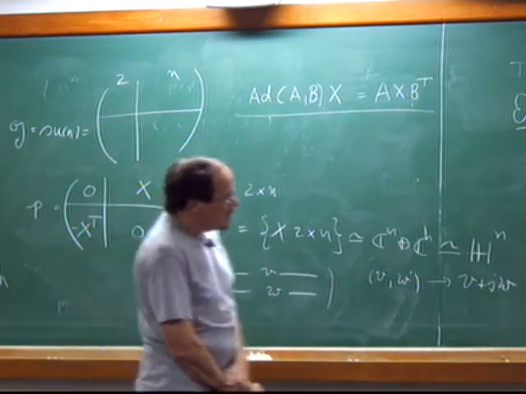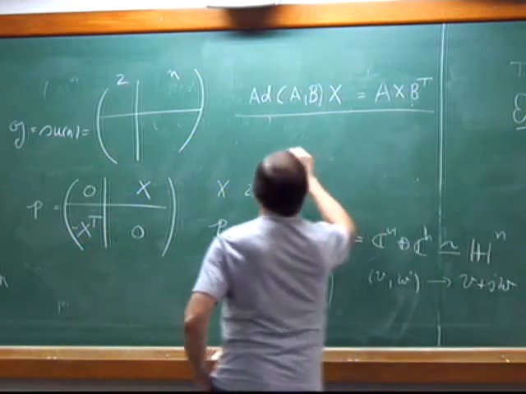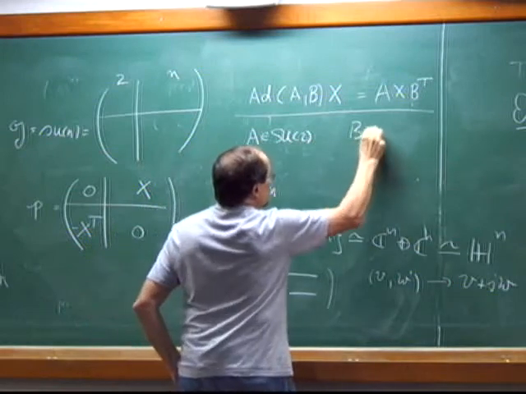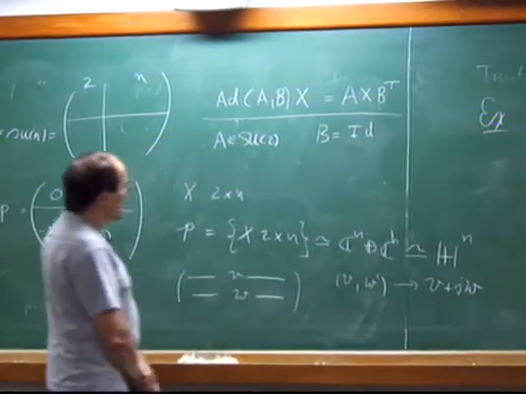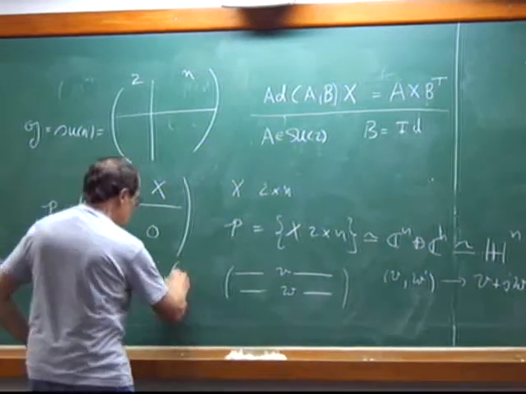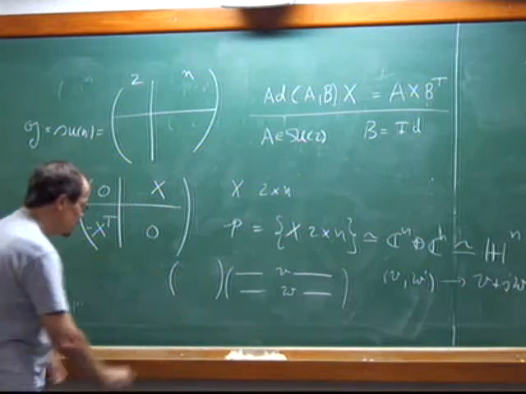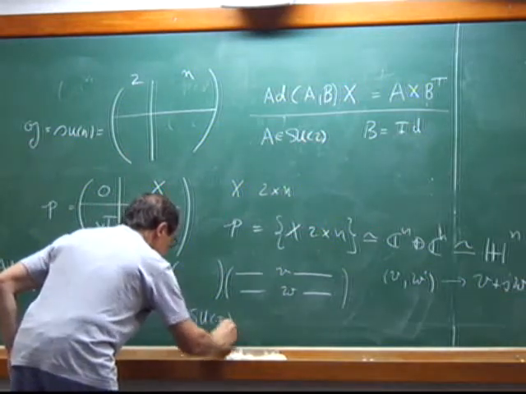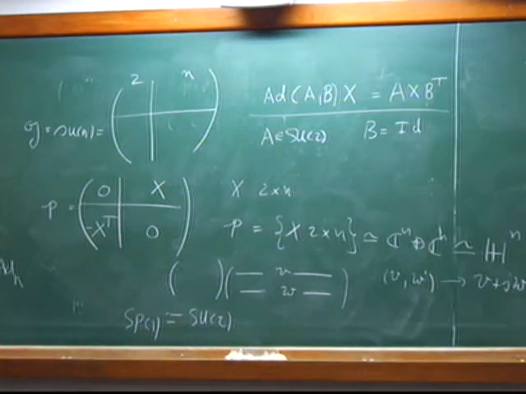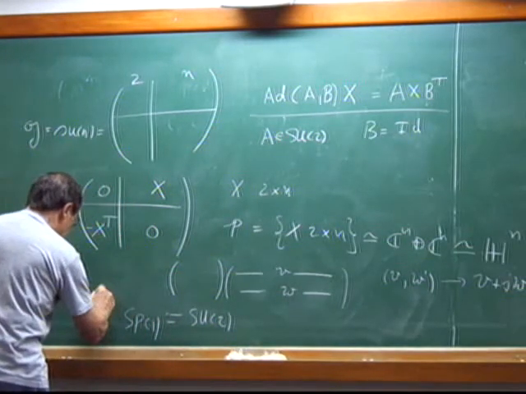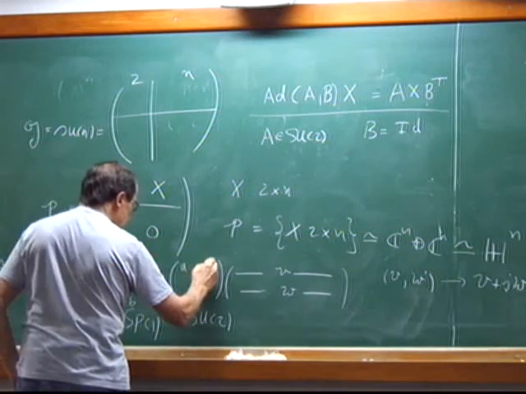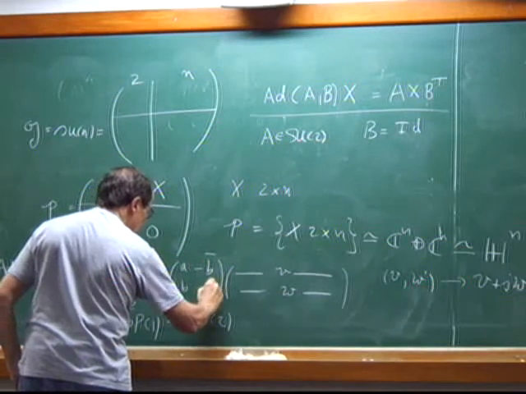My group that I want to look at is SU2 inside there, so I want to let A be in SU2 and B trivial. So that's left multiplication on the matrix X, and this left multiplication lies in SU2. SU2 is identified with SP1 as usual. And how was that? Well, if this is something of the form A plus JB, this became A, B, minus B bar, A bar.